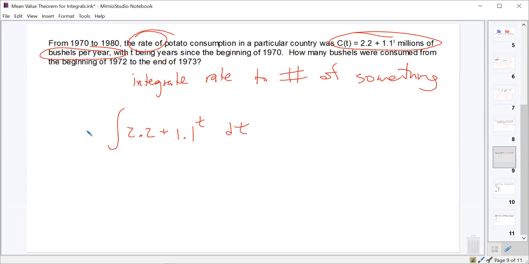Yeah. All right, cool. So what is our limit going to be on the bottom? If 0 is the beginning of 70, what would the beginning of 72 be? Two. Should be 2. And what should the end of 73 be? 3. The end of 73 would be the same as the beginning of 74, right? 4. Oh. So it should be 4.